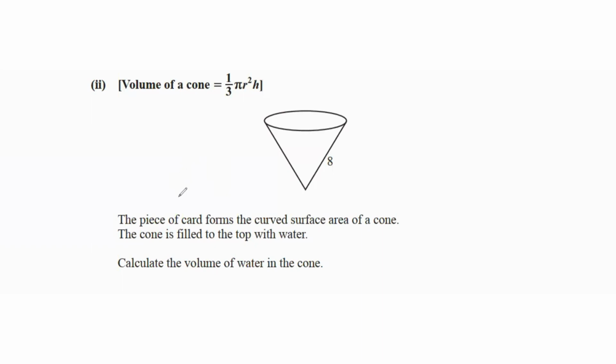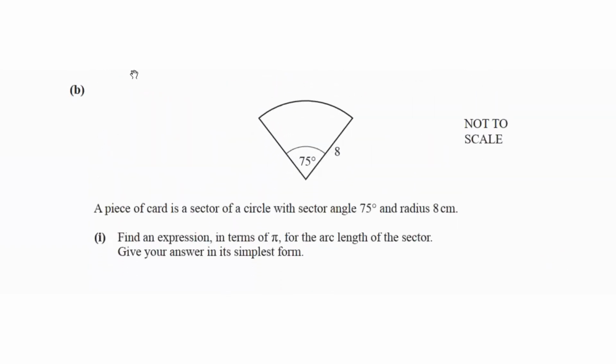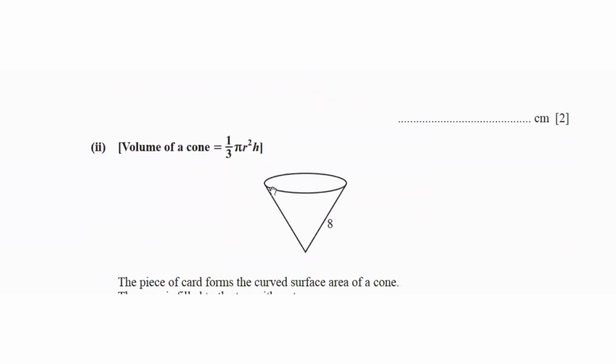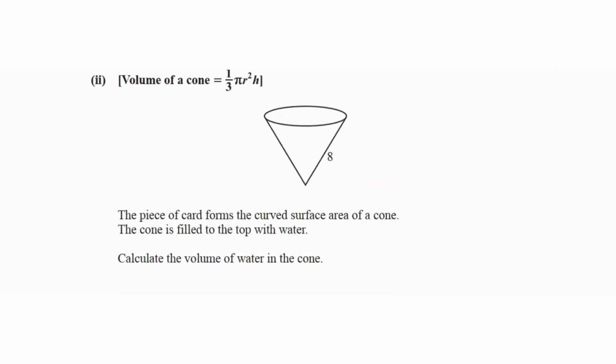The question says that the piece of card forms the curved surface area of a cone. That means the arc length that we found in the previous part is now going to be the circumference of the base of this cone, which means arc length of sector is your circumference of the base.